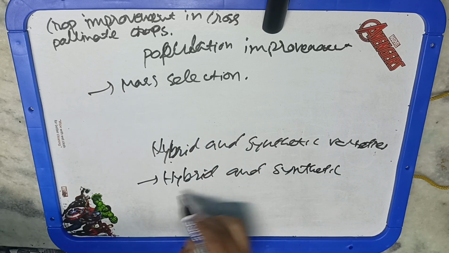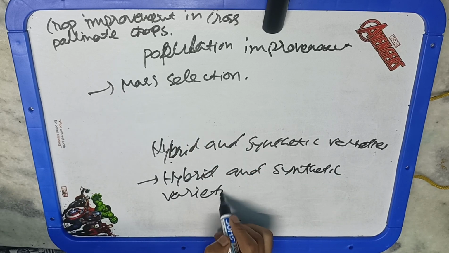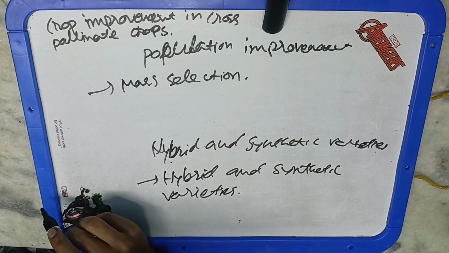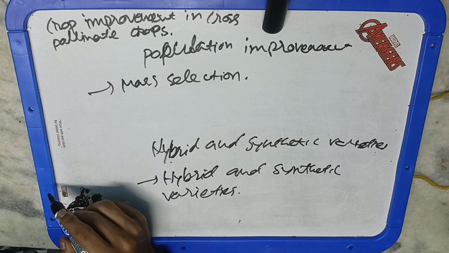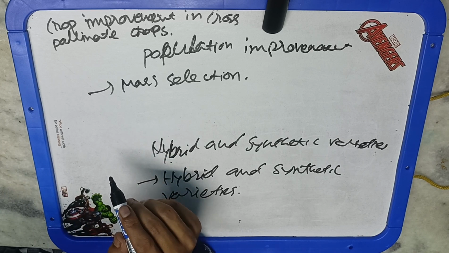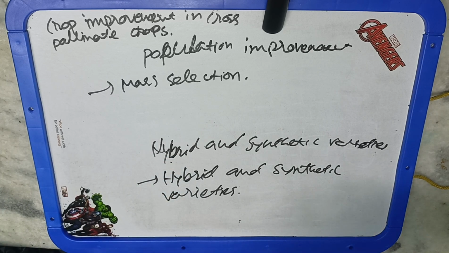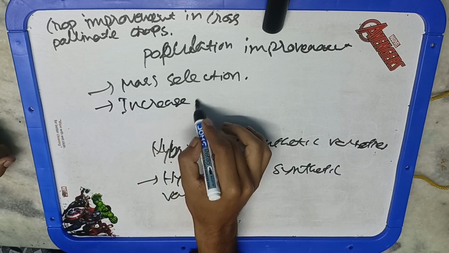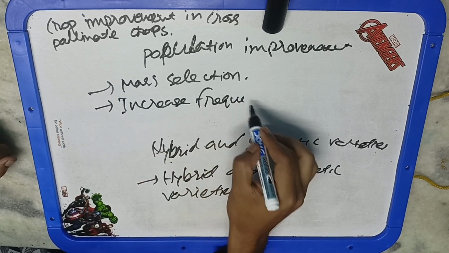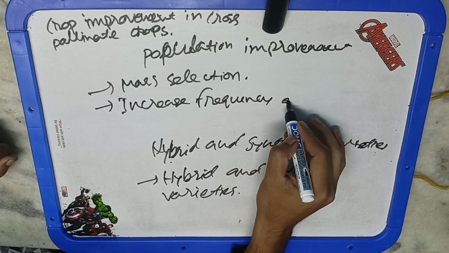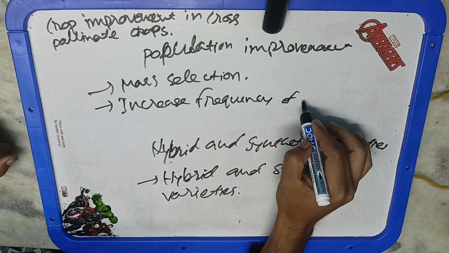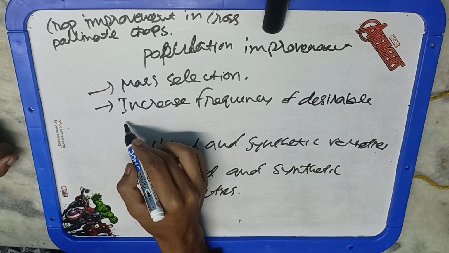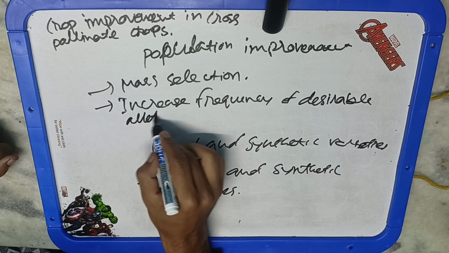In population improvement, mass selection or its modification is used to increase the frequency of desirable alleles, thereby improving the characteristics of the population. Here the important thing is, we have a population, meaning a field of maize, and we are doing mass selection. What do we mean by mass selection? As we studied in the self-pollinated crop, we select some superior phenotypes of our interest, meaning for the particular character we are looking for, and its modification.